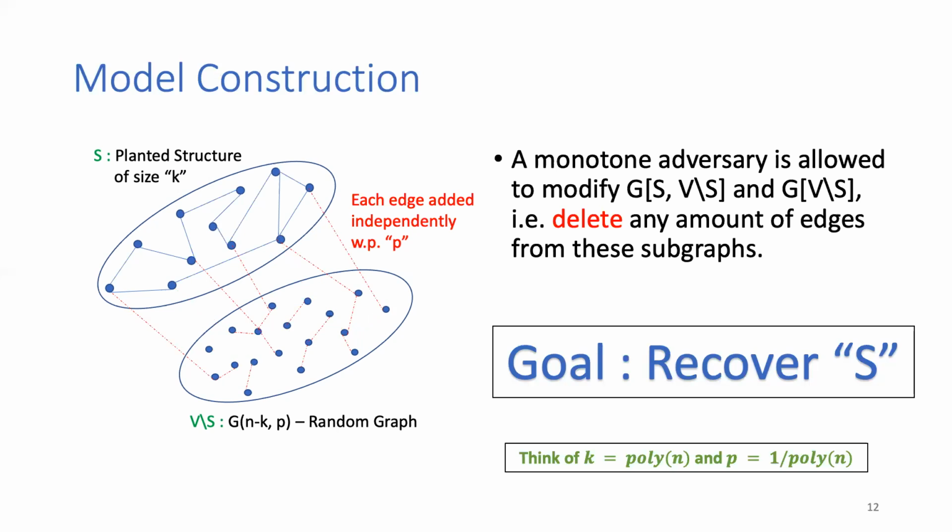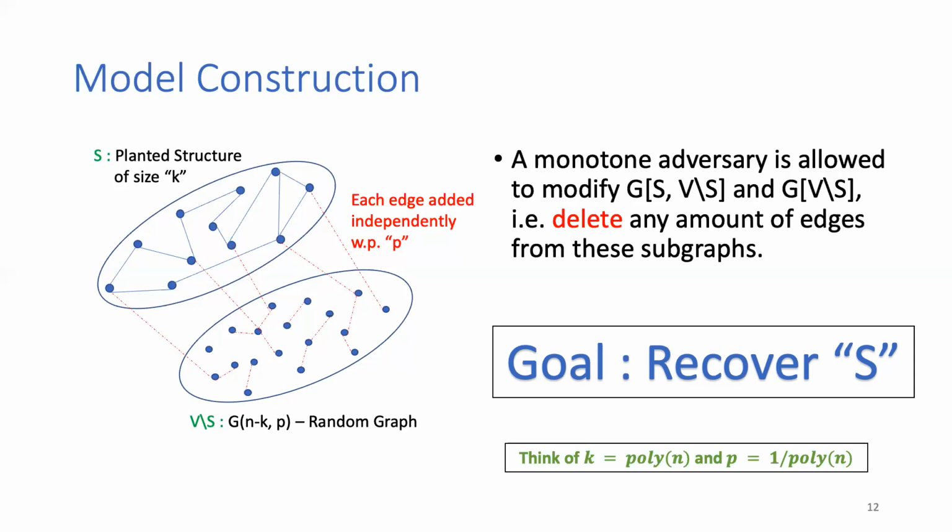For the sake of completeness, the last step of our model construction is that there is a monotone adversary which is allowed to delete any amount of edges outside the subgraph S. So any edges in S cross V minus S, and within V minus S, this monotone adversary is allowed to delete, and we want to now recover S. For now we can ignore that there's such an adversary, but it turns out handling it is not a big deal.